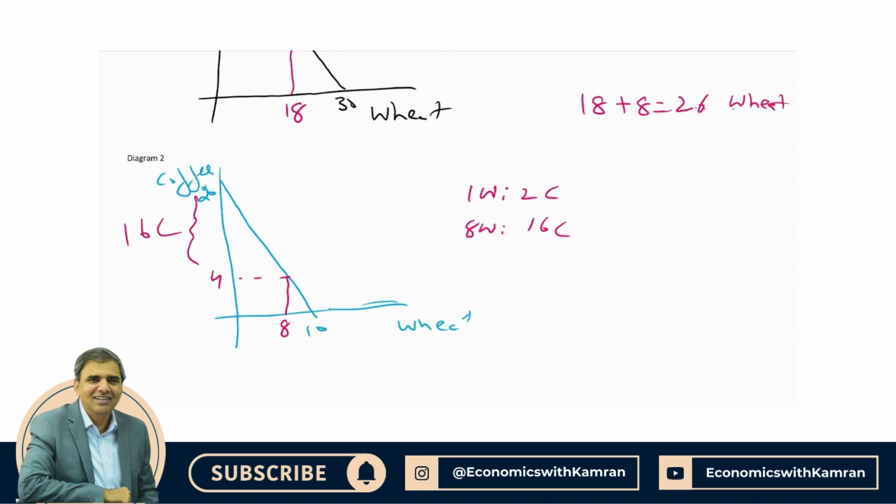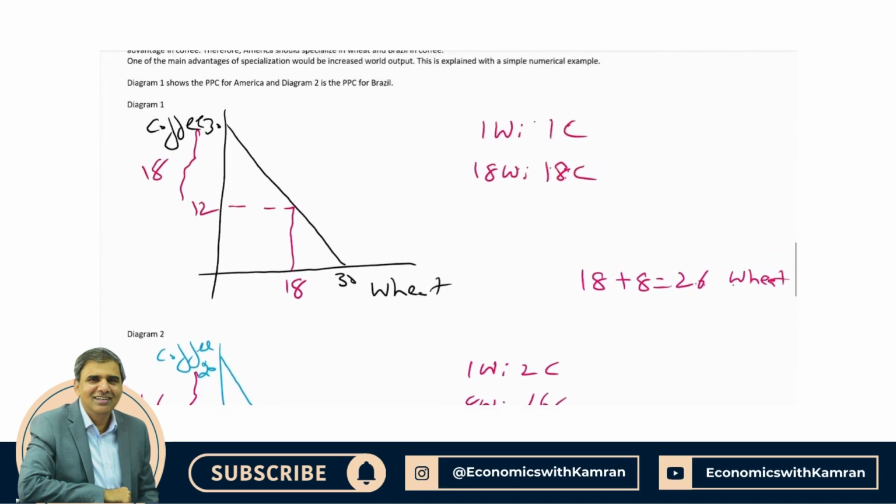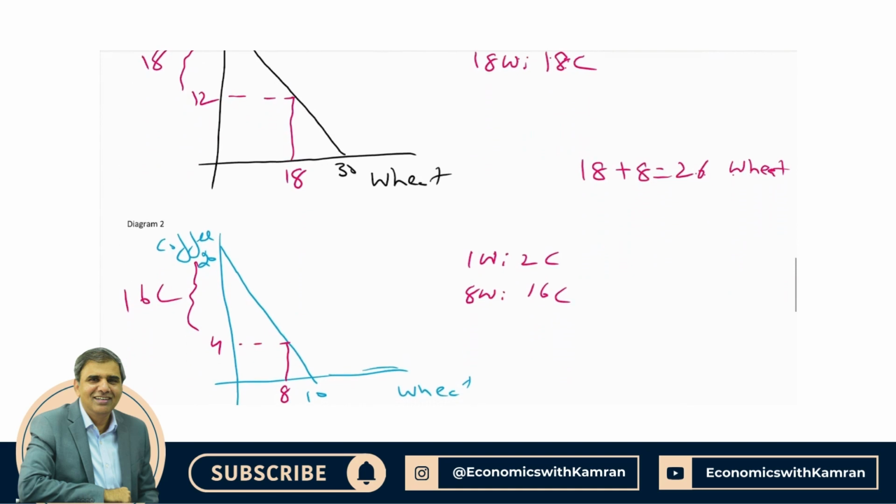Whereas the total output of coffee was 12 coffee by America and 4 coffee by Brazil, 16 coffee. So the total output of the world, as we are assuming there are only 2 countries in the world, was 26 wheat and 16 coffee before specialization.